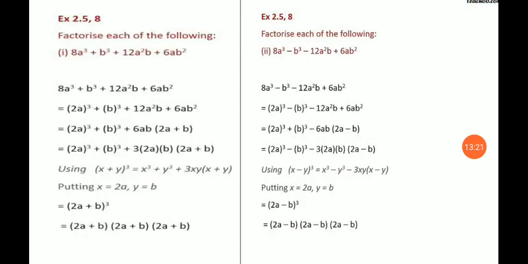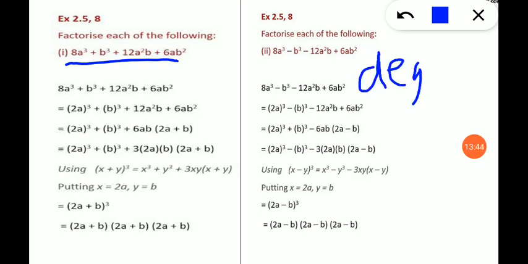The 8th question says factorize each of the following. So if you see, the first question is 8a cube plus b cube plus 12a square b plus 6ab square. Again, the highest power is 3, which means the degree is equal to 3, and we have 2 variables.